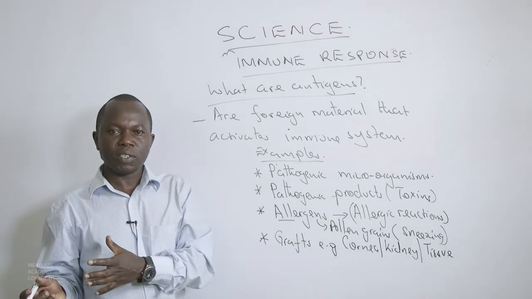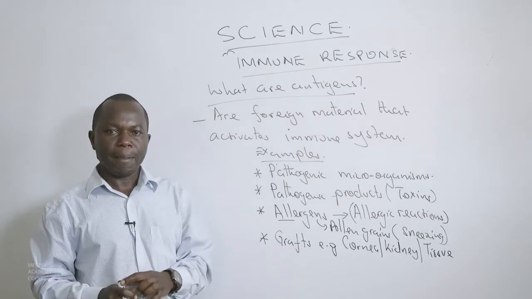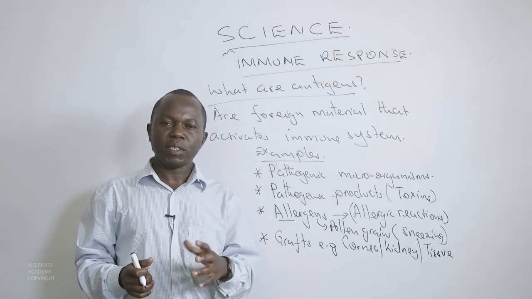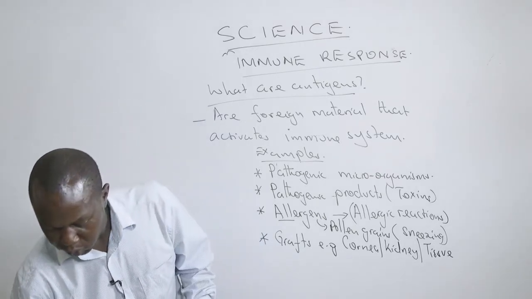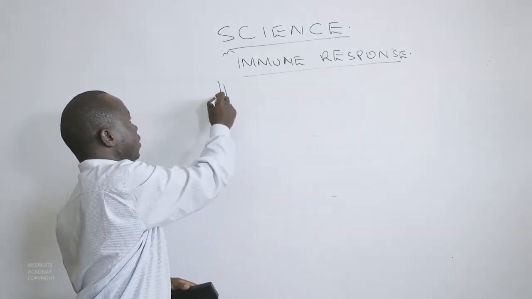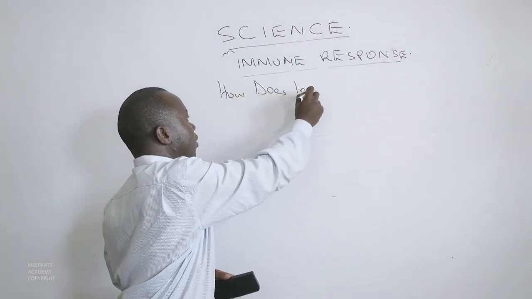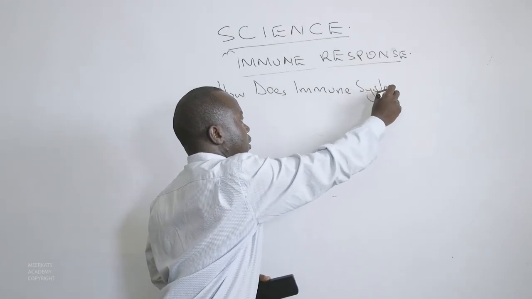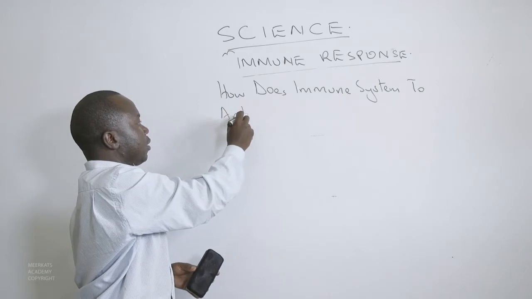Macrophages destroy the antigens through production of antibodies, but phagocytes by phagocytosis. We have already gone through those two. How does the immune system respond to antigens?